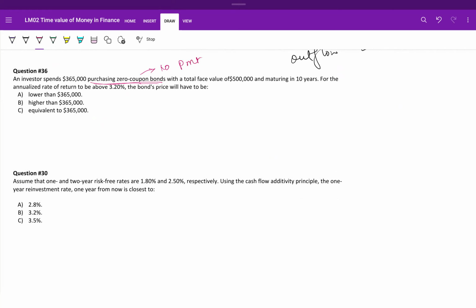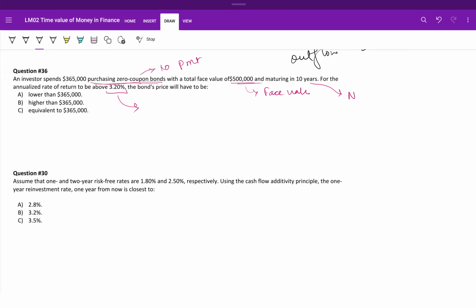The total face value is the future value. We need the annualized rate of return above 3.2. N is going to be 10 years.